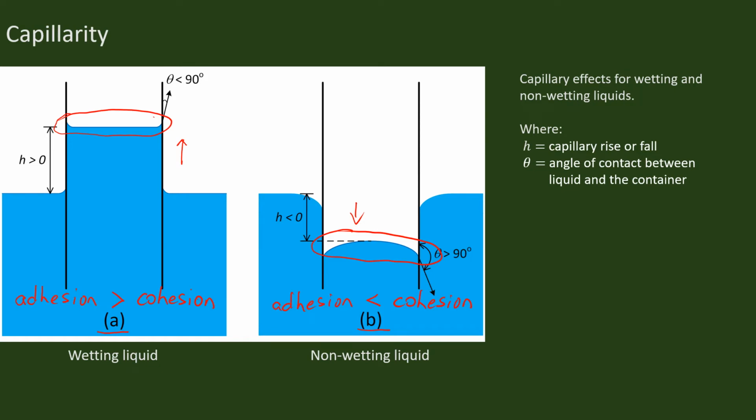Now, as shown in these two figures, the meniscus makes a contact angle with the side of the container. So here, you can see the contact angle for the wetting liquid is here, and the contact angle for the non-wetting liquid is this.